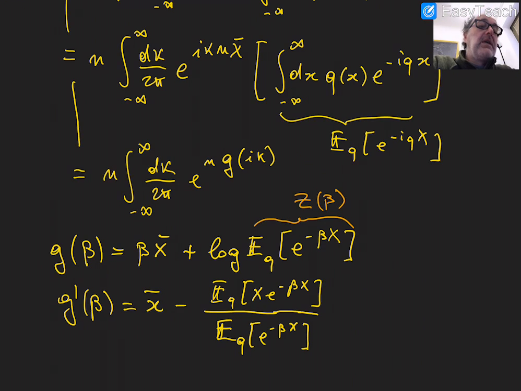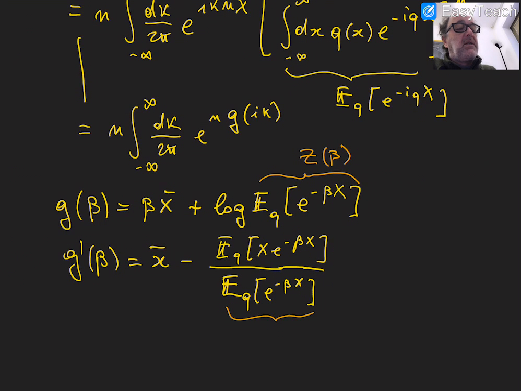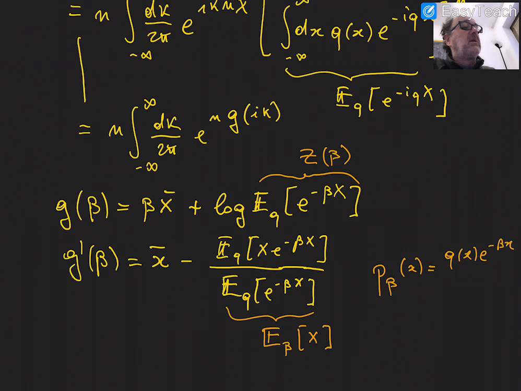And in addition, this object here is exactly equal to the expected value of x over a modified distribution, which is p beta of x, which is q of x e to the minus beta x divided by Z of beta.